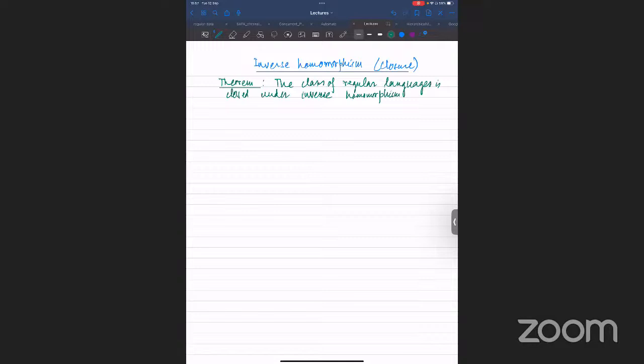How are you going to prove this? I'm not going to do it in detail, but I just want to hear the idea. What is the broad idea?